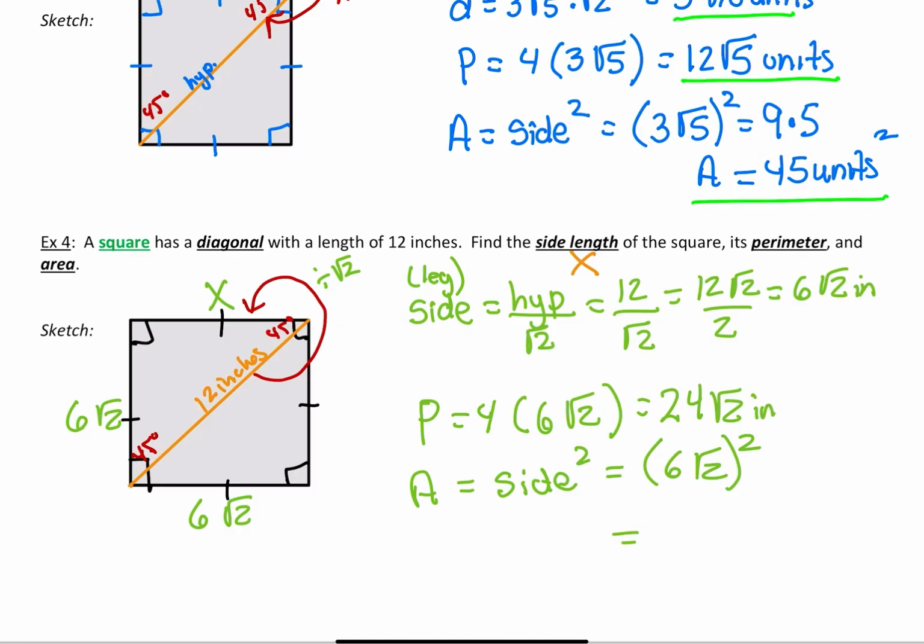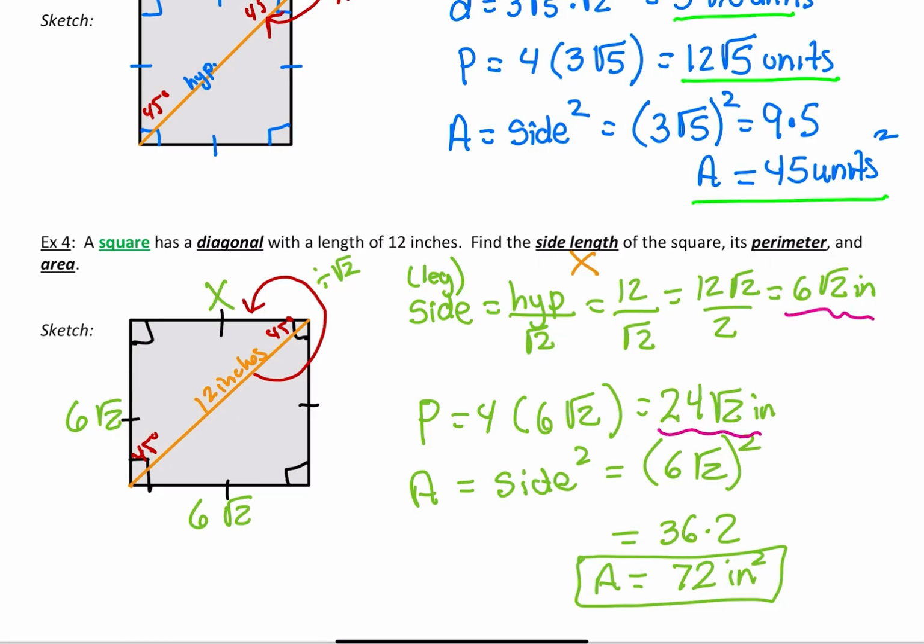That simplifies down to 6 squared is 36, root 2 times root 2 is 2, for a grand total of 72 inches squared for the area. Alrighty, my friends, there we have it. We have the side length, the perimeter, and finally the area of that square.